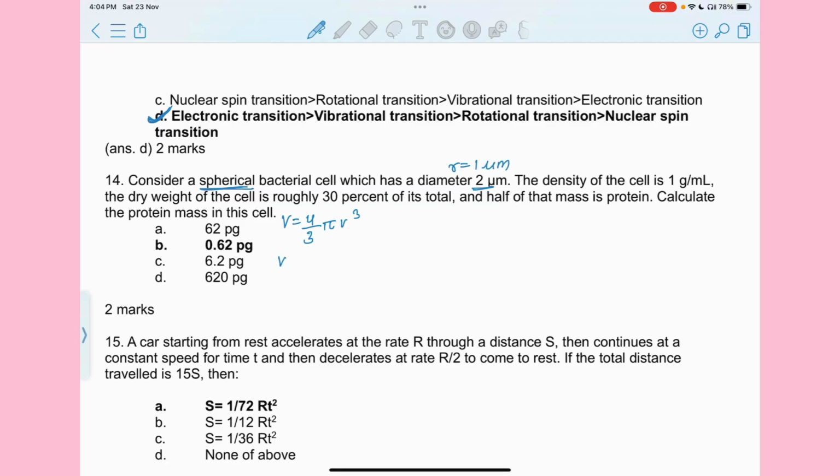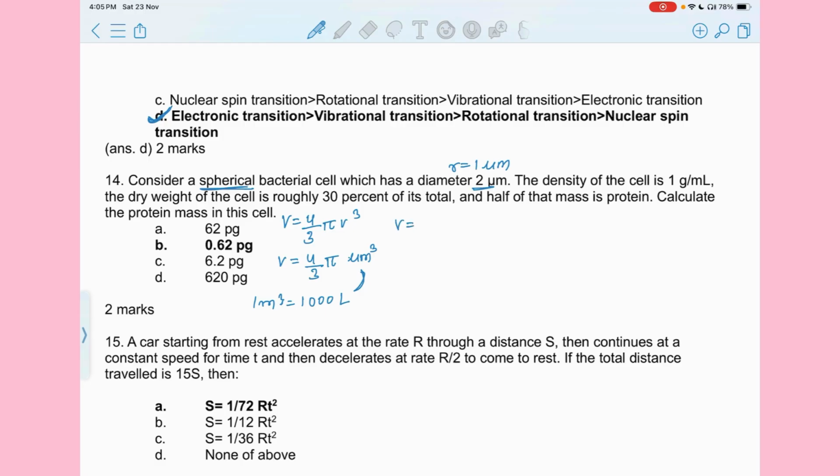So we'll get V is equal to 4 by 3 pi micrometer cube. You know, for 1 meter cube, it is 1000 liters. So we'll solve for the volume using this conversion.